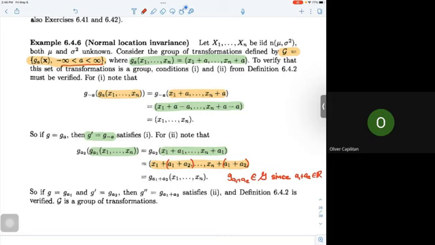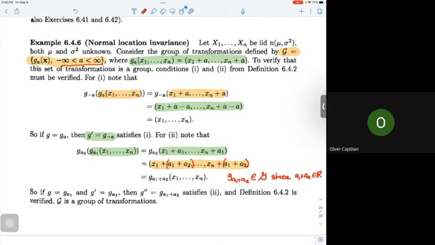Hindi dito naka-reflect yung kanyang identity. If I'm going to ask you, what is the identity element of our script G? Anybody? Guys?